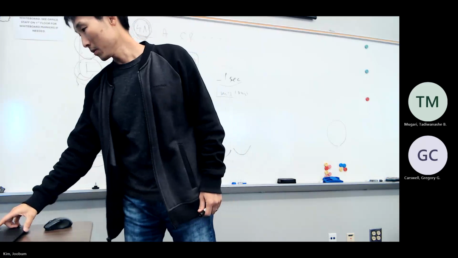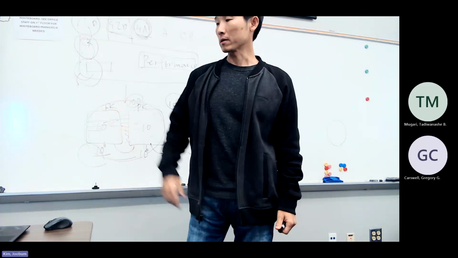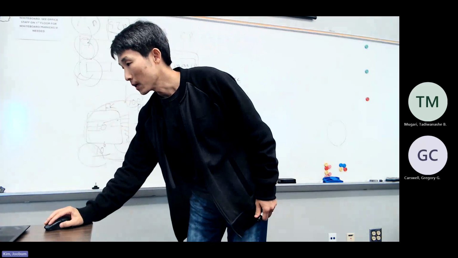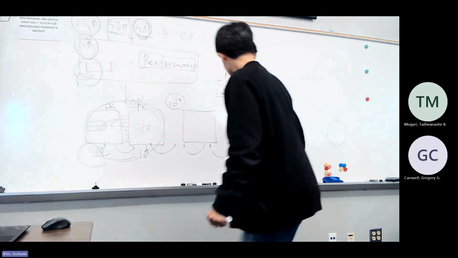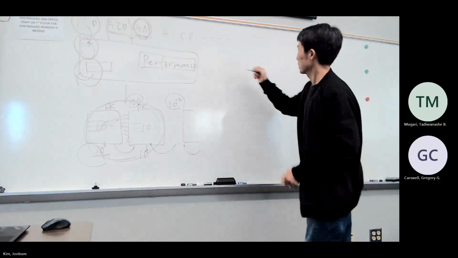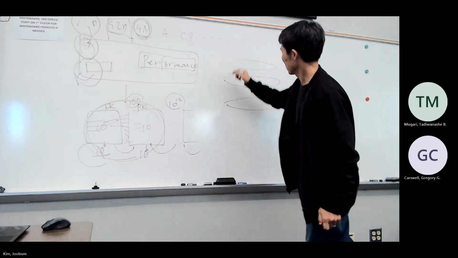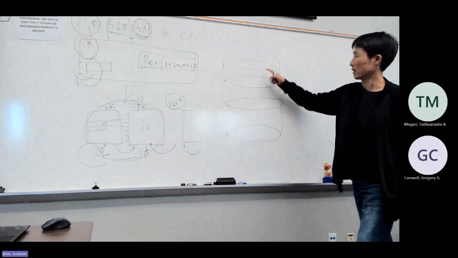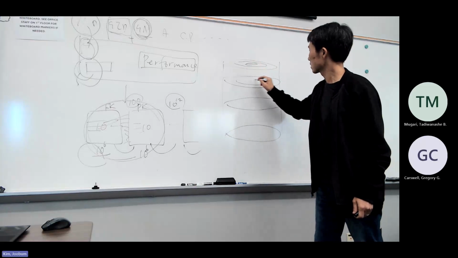To reduce this time, another concept, the cylinder, is introduced. What is a cylinder? A cylinder is a collection of tracks. Say there are a couple of disks, like platters, and there are tracks like this.